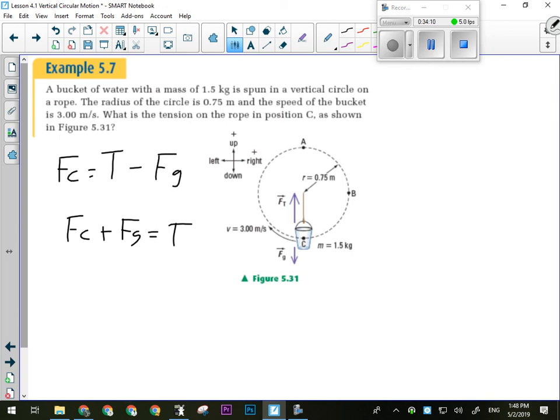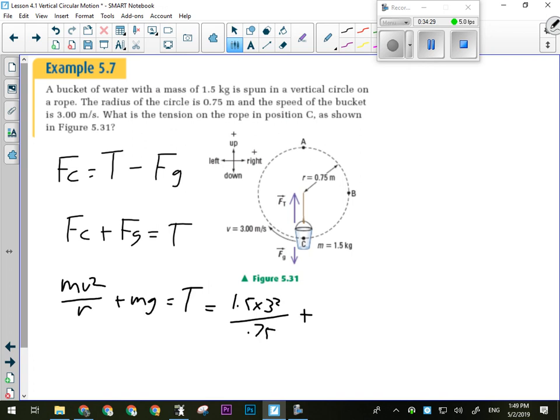Now I can plug in my formulas. mv squared over r plus m times g gives me tension. I just put in my numbers, right? It was a 1.5 kilogram pail times 3 squared divided by the radius, which was 0.75 meters.